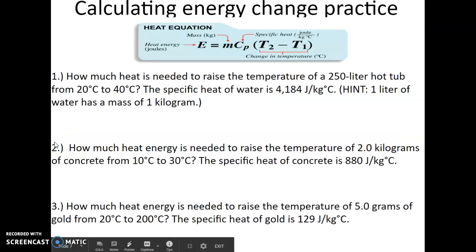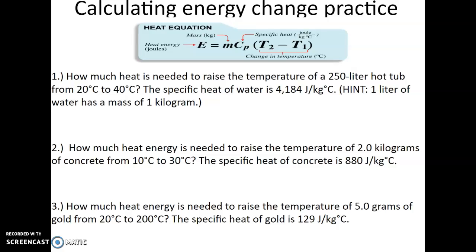Okay, let's go back. So for this problem, let's look at some of the information that they're giving you. They're telling you the volume of water that you have in the hot tub. So you have 250 liters of water in the hot tub. You know the substance that you're dealing with is water. Remember, liters measures volume.